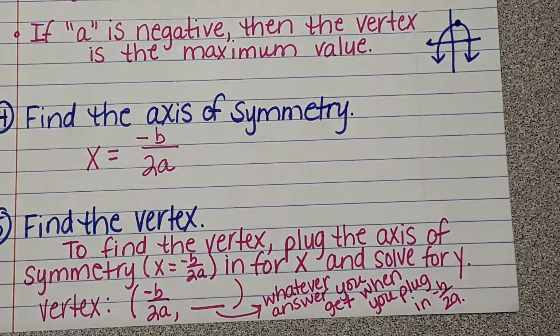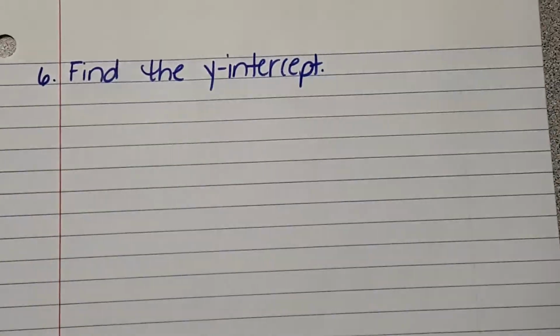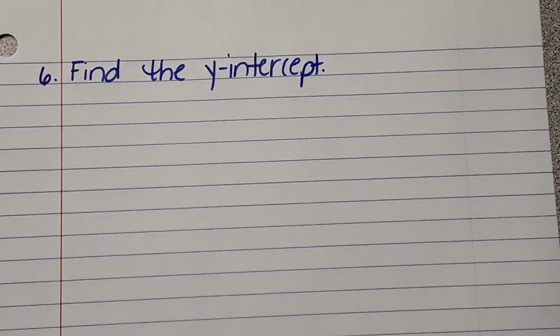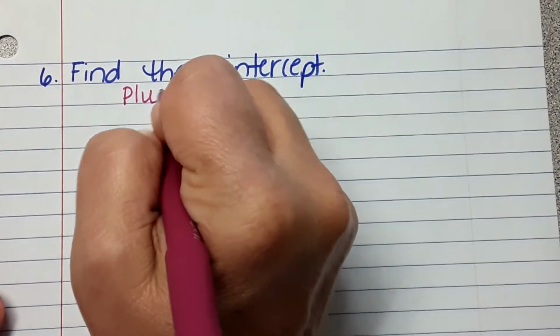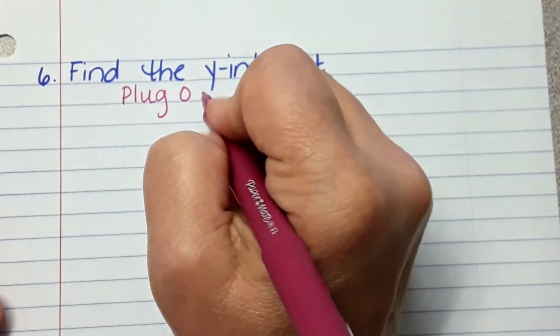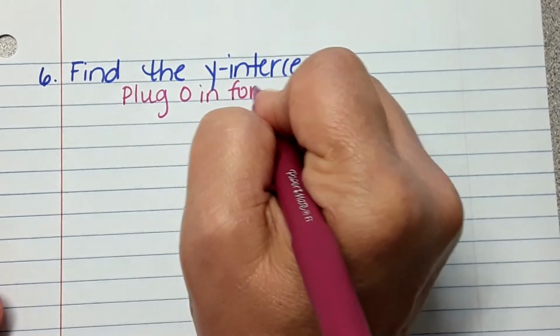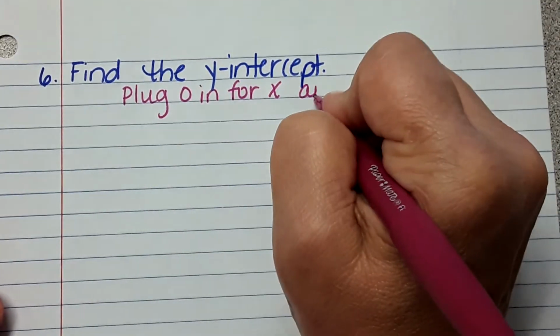Okay, now, the last thing that you need to do, well, it's not the last thing, but it is close to the last thing, is to find the y-intercept. Okay? And that is number 6. And to find the y-intercept, you're going to plug 0 in for x and solve for y.